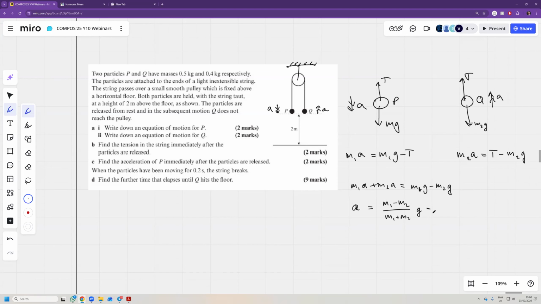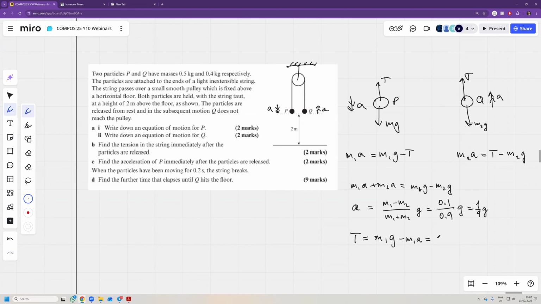And we can calculate that. So M1 minus M2, that's 0.1. M1 plus M2 is 0.9. So that's 1/9 of g. And then the tension in the string is going to be M1g minus M1A.